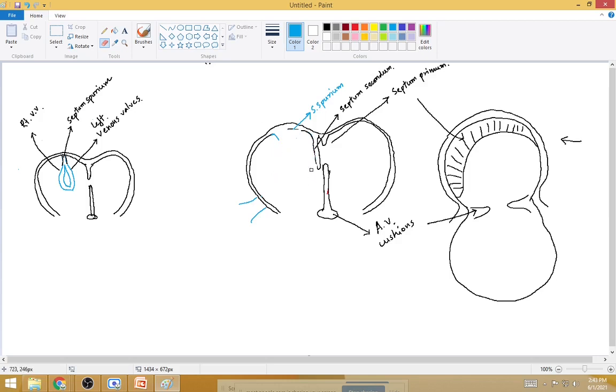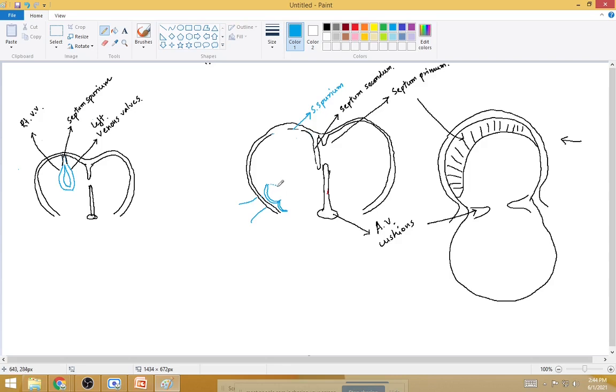So the right venous valve, what happens to it? The upper part of it disappears, only the lower part will keep on expanding, since the whole of the sinus venosus is getting incorporated here, isn't it? So when it keeps on expanding, the right venous valve will form a valve alongside the inferior vena cava, and another valve alongside another venous channel which is known as the coronary sinus.